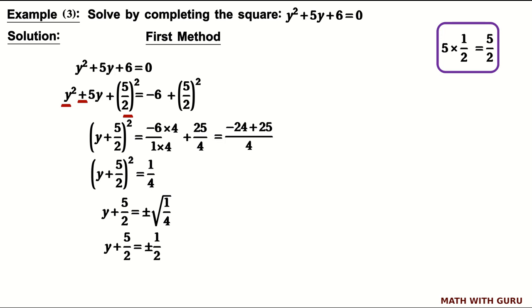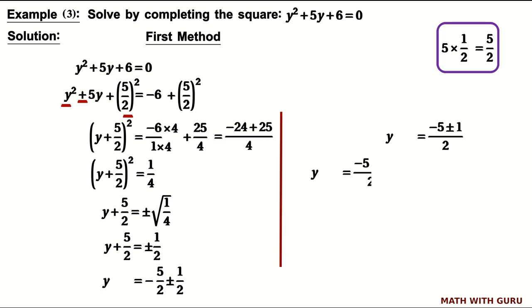Bring plus 5 by 2 to the right hand side. y equals minus 5 by 2 plus or minus 1 over 2. The denominators are equal. Therefore, this can be written as minus 5 plus or minus 1 divided by 2.